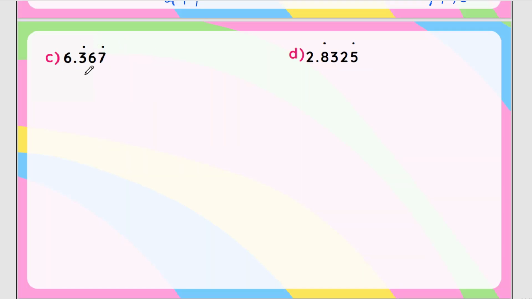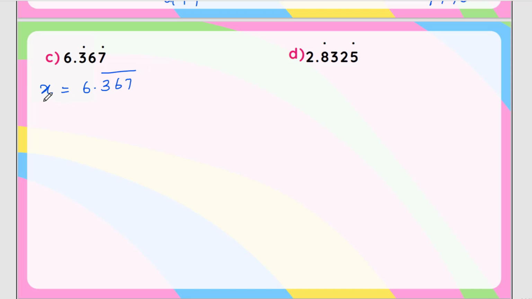Now the next problem is something like this: 6.367 repeating. This is similar to the first case, but the difference is that there it was 0 point something, and here we have 6 point something. So x equal to 6.367 repeating. Now, after the decimal point, are all the digits repeating?